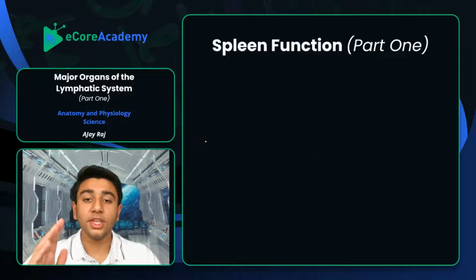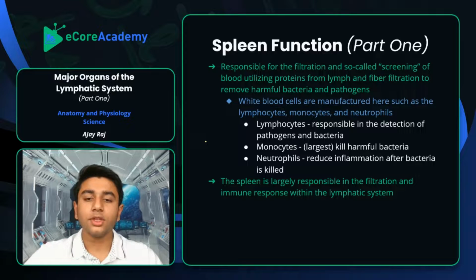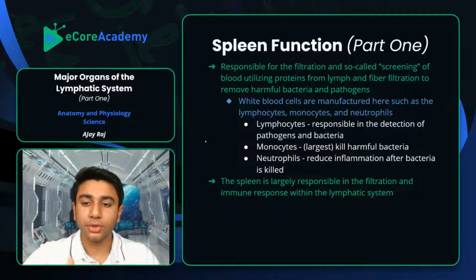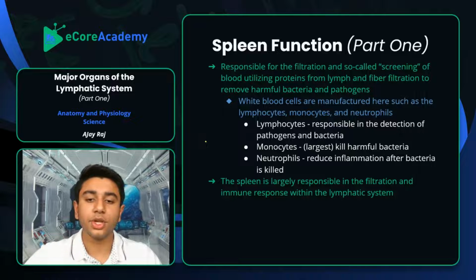So we're going to start off with the spleen function. I'm going to introduce to you what the spleen function is, and this is part one, the first slide of that. So what is the spleen responsible for? The spleen is responsible for the filtration and so-called screening of blood, utilizing proteins from lymph and fiber filtration to remove harmful bacteria and pathogens.